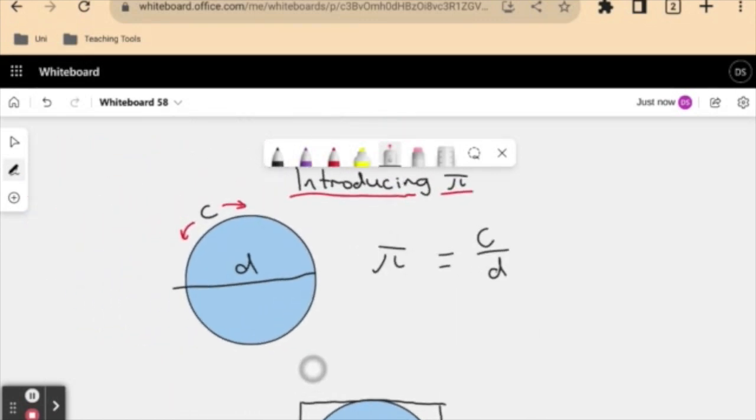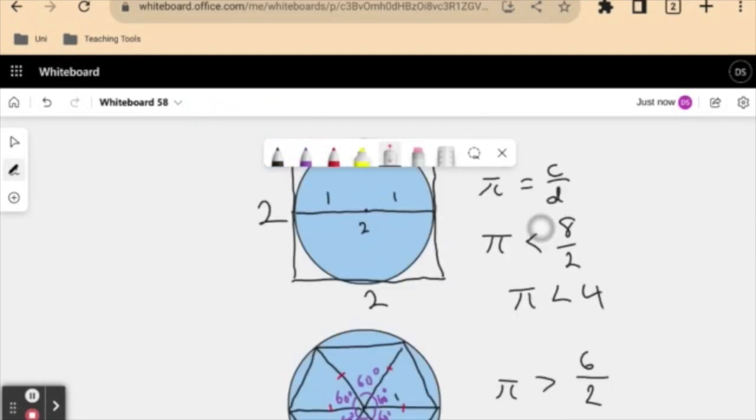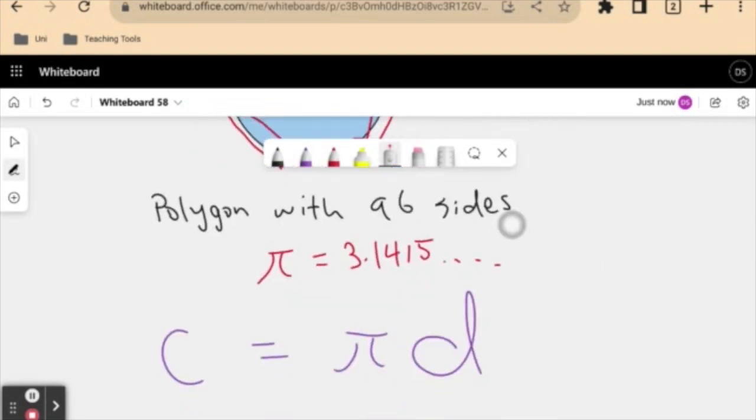But this is a little bit of a longer, drawn-out introduction into how pi was created, because it's quite significant and it often gets glossed over a little bit. We just jump straight into this. We give you this in textbooks and you just start to work with it.